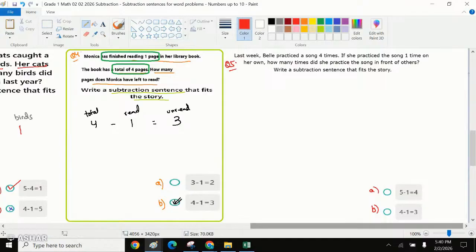Yes, thank you. But by chance, question number 4 and question number 5 have the same answer, right? Because Bill practiced 4 times in total, minus once on her own.